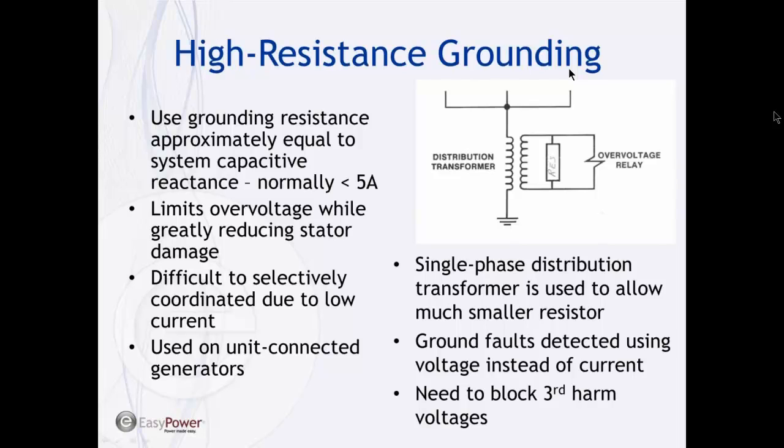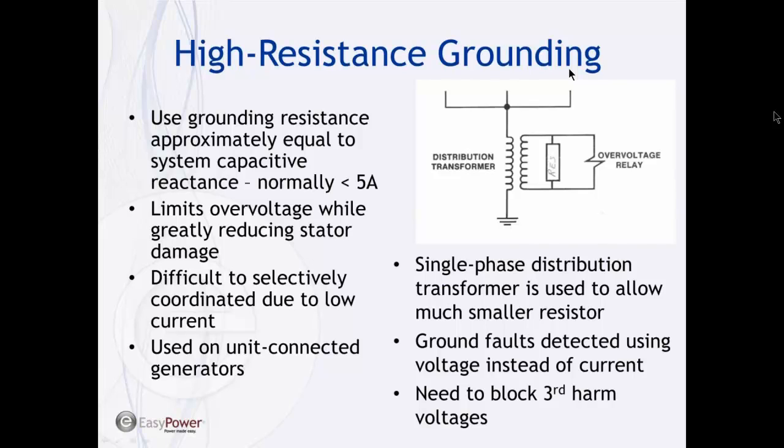If it's a 4160 volt generator, this is going to be 2400 volts here and 120 or 240 here. And so the resistance value is multiplied by the square of this turns ratio. So I can get by with a much smaller resistor by doing it this way.